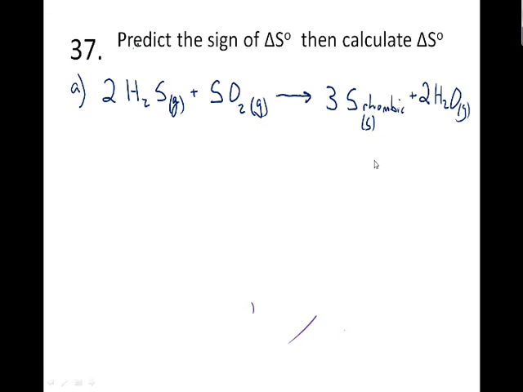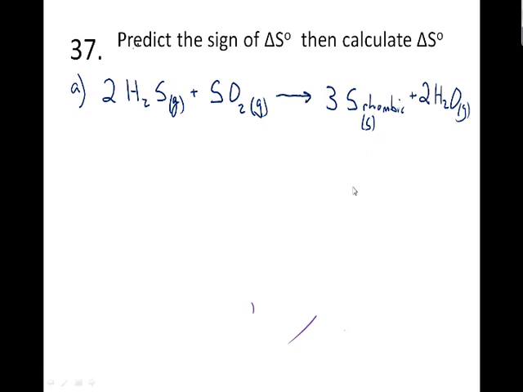Because in this we're starting with 4 moles of a gas, and we're going to 2 moles of a gas, the change in entropy is going to be negative. So delta S, we're going to expect, is going to come out to be negative.